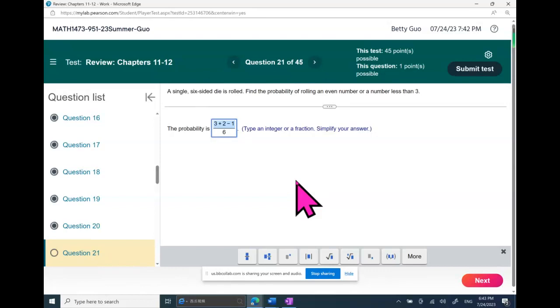So there's only 1. So that's our numerator. Once you understand the addition rule, you can do this on scratch paper and quickly get it done. 3 plus 2 is 5, 5 minus 1 is 4. 4/6 reduces to 2/3.